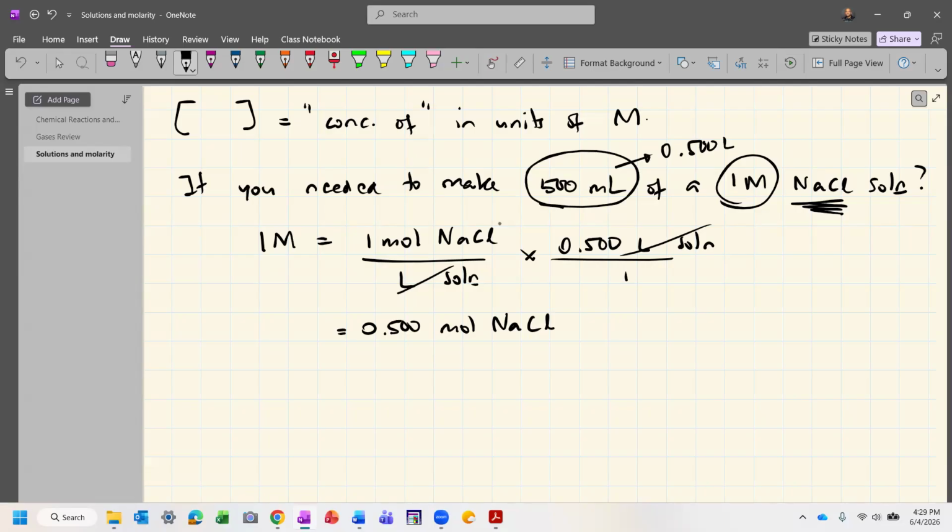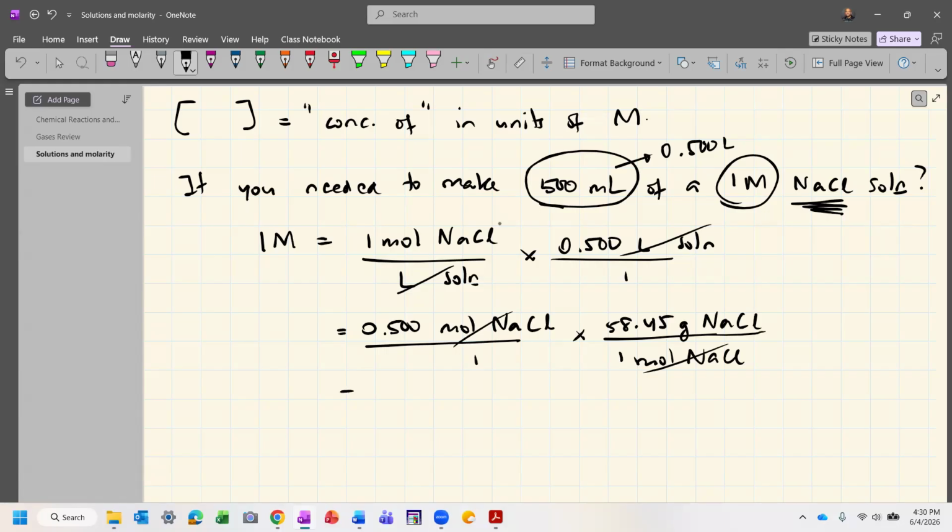Well, can you go into the lab and measure out 0.50 moles? No, you don't have something that can tell you the number of moles. Instead, we want to convert that to mass in grams. So we need the molar mass: for every 1 mole of NaCl, sodium is 23, chlorine is 35, so that's 58.45 grams of NaCl. Okay, moles go away.